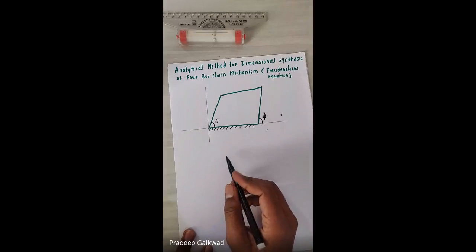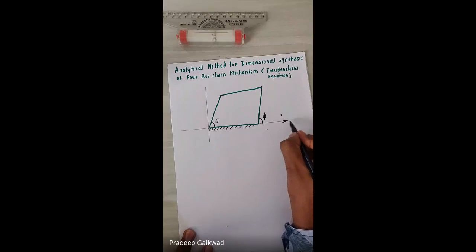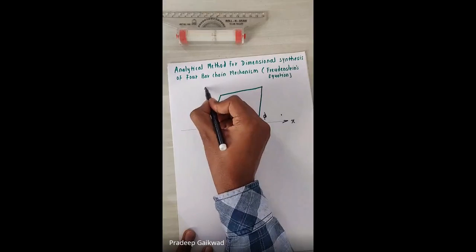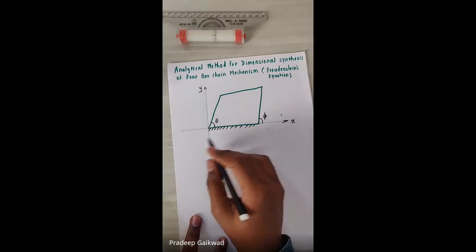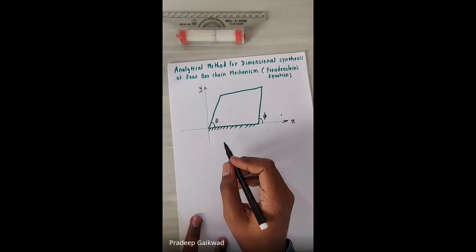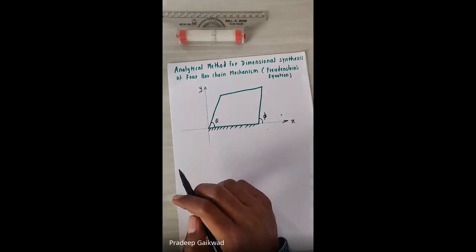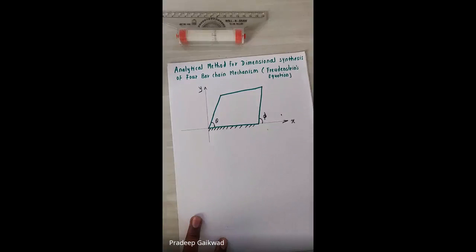Now we consider a Cartesian coordinate system. Let's say this one is the x-axis and this one is the y-axis. To derive Freudenstein's equation, we consider four link lengths, L1, L2, L3, L4, and two angles theta and phi, the input and output angles.